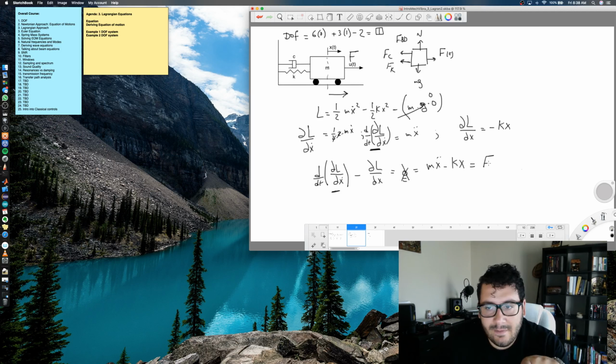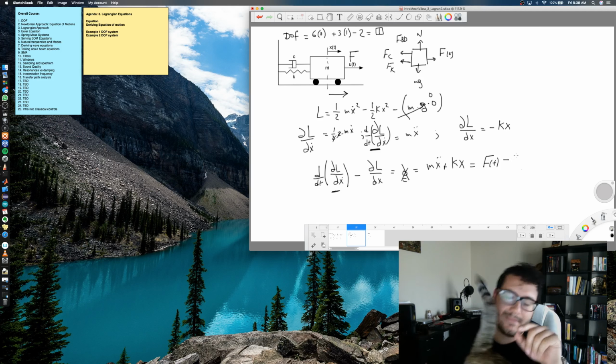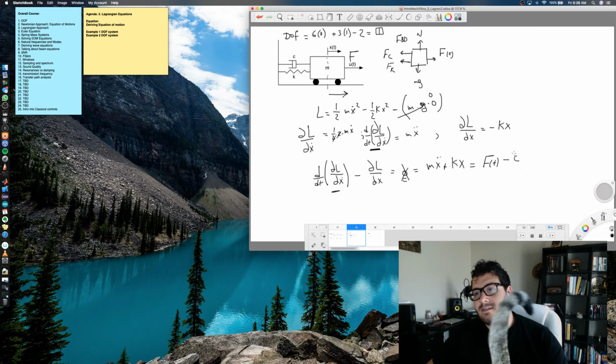I have an f of t acting on it, and then I have a friction force. So it's going to be a plus here because it's a minus minus. And then a minus c x dot, okay?